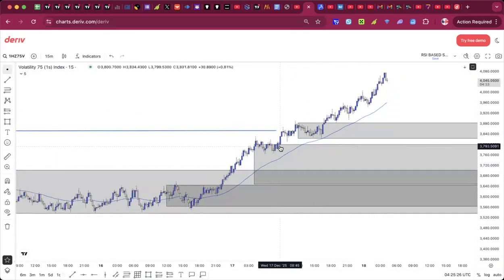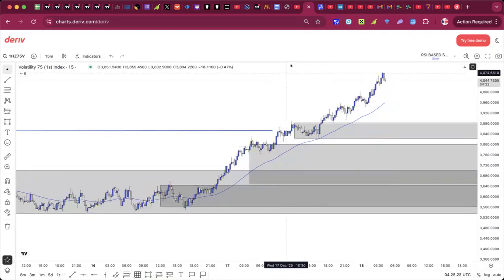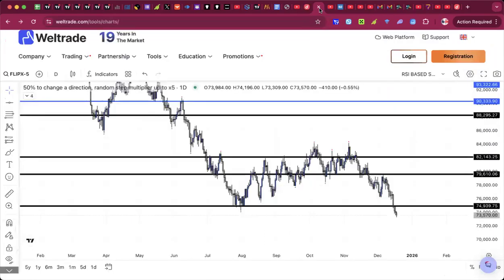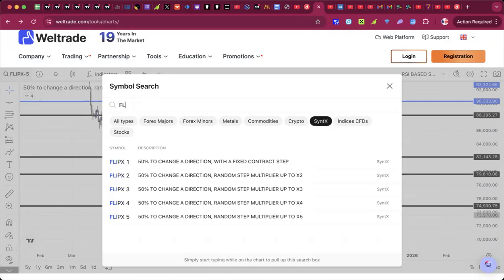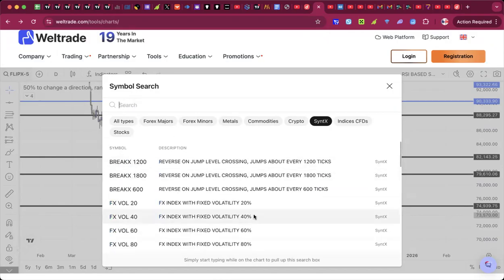Okay, so when you hear anything there on Weltrade instruments, you'll be hearing us talk about Flip 1, 2, 3, 4, 5.